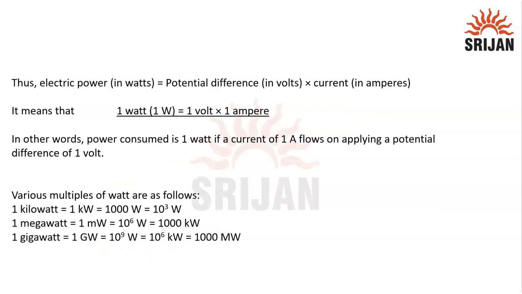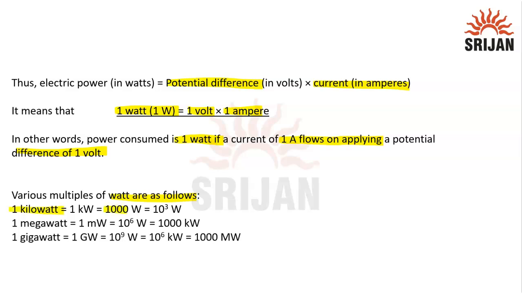Thus, electric power in watts is equal to potential difference in volts into current in ampere. It means that 1 watt is equal to 1 volt into 1 ampere. In other words, power consumed is 1 watt if a current of 1 ampere flows on applying a potential difference of 1 volt.